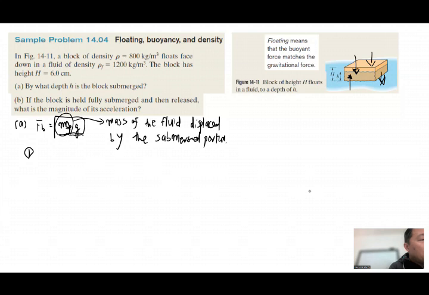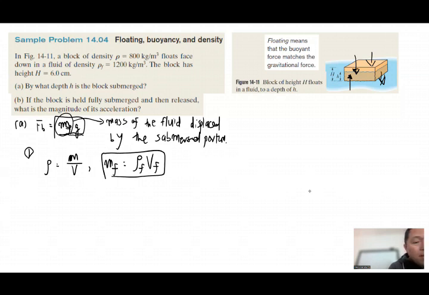Density is mass over volume, so the mass is the density of the fluid times the volume of fluid.